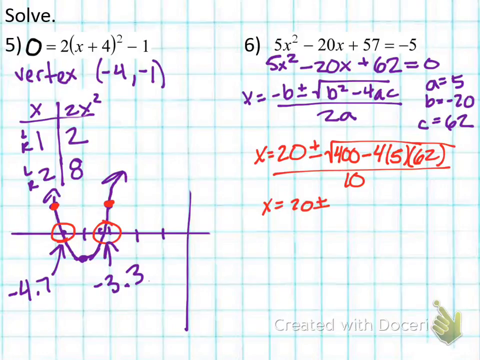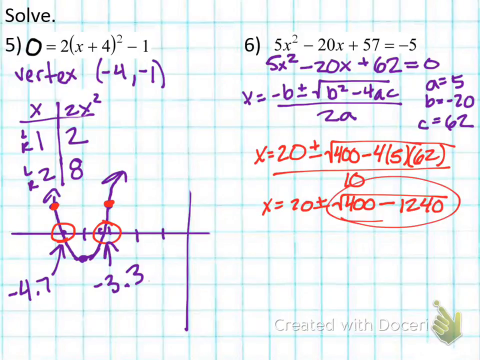So x equals 20 plus or minus the square root of 400 minus 4 times 5 here is 20 times 62 would give me 1,240. And this square root here, I can already tell if I do that subtraction, I'm going to end up with a negative, specifically negative 840. Because I have the square root of a negative, I know there is no real solutions.